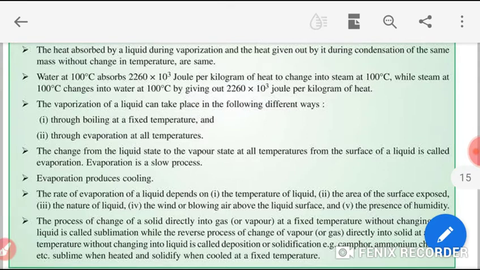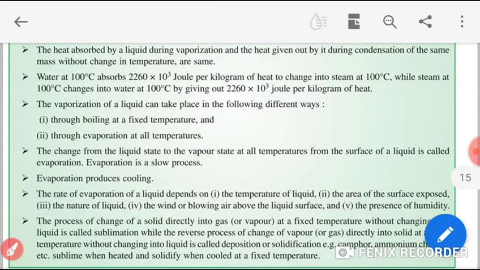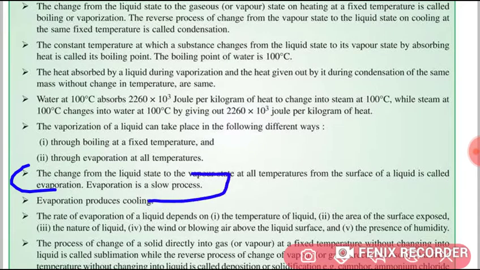This is your 23rd point, students. The change from the liquid state to the vapor state at all temperatures from the surface of a liquid is called evaporation. Evaporation is a slow process. This is your answer number 17.